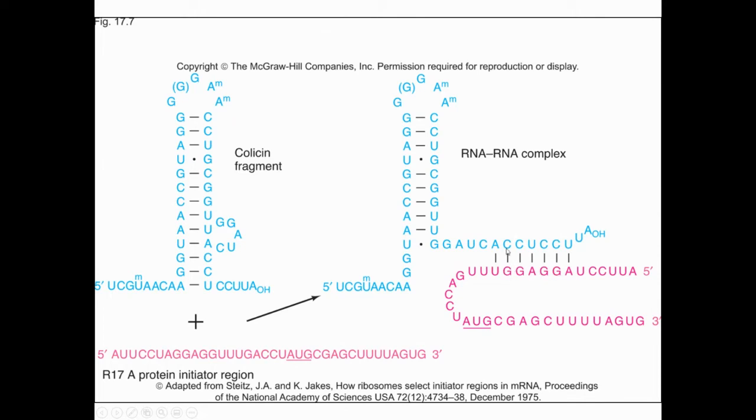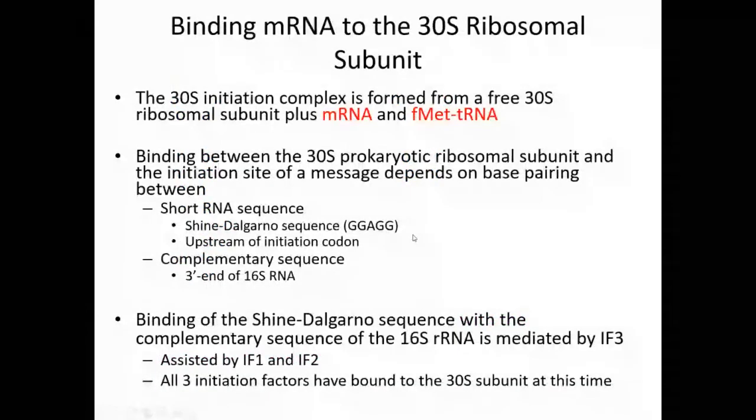That's complementary to the 3' end of the 16S ribosomal RNA. And then we know this is the AUG. There are 7 nucleotides in between the Shine-Dalgarno sequence and the start codon AUG.